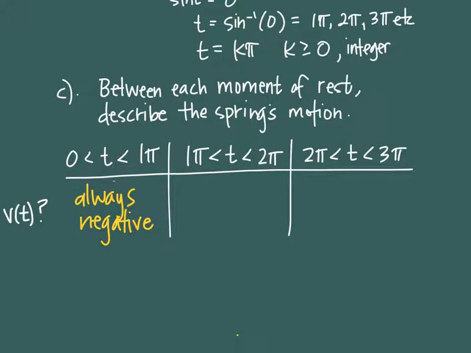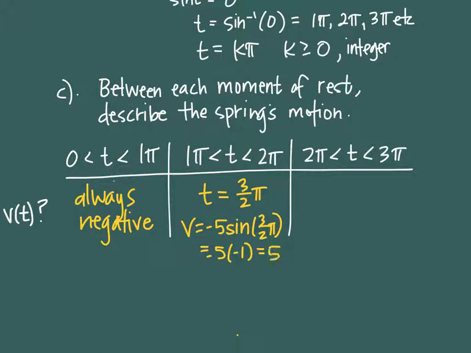For the next interval, between 1 pi and 2 pi, we might pick another value, like 3 pi over 2. If I pick the value of 3 pi over 2, and I put it into the velocity, which is negative 5 times the sine of 3 pi over 2, that's negative 5 times negative 1, which is positive 5.